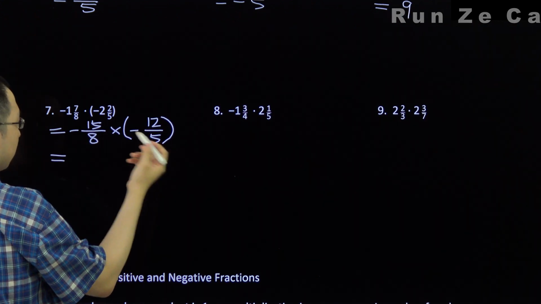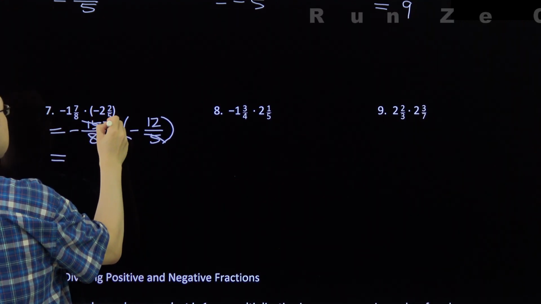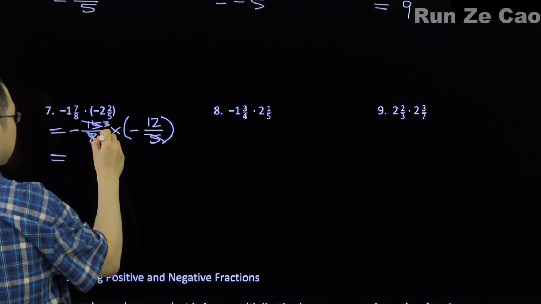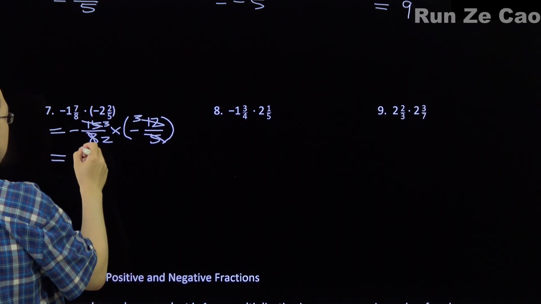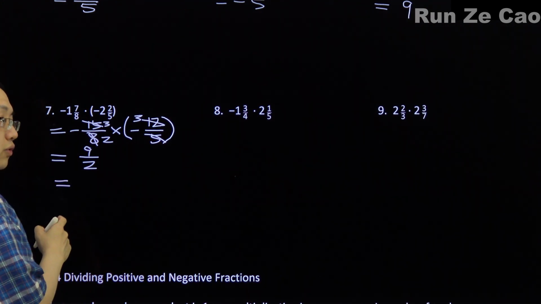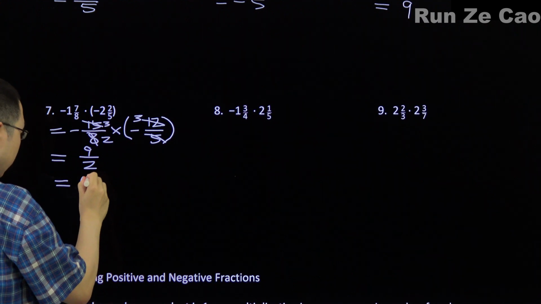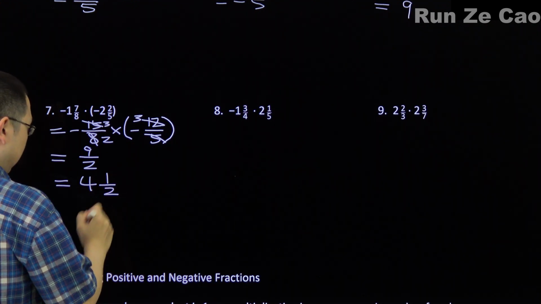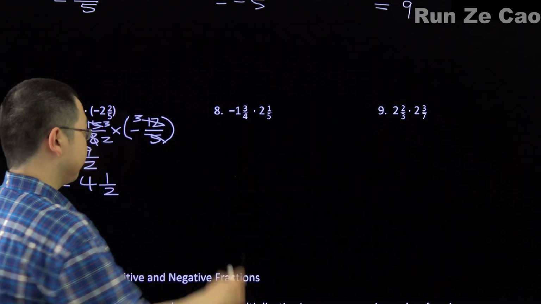So, what can we factor out here? Well, we can get a 3 up here. The 8 becomes a 2, and the 12 becomes a 3. So, 9 over 2. Technically this is in simplest form, but usually we mean as a mixed fraction instead of an improper fraction.